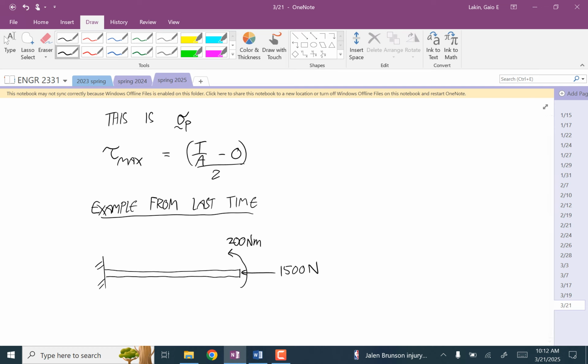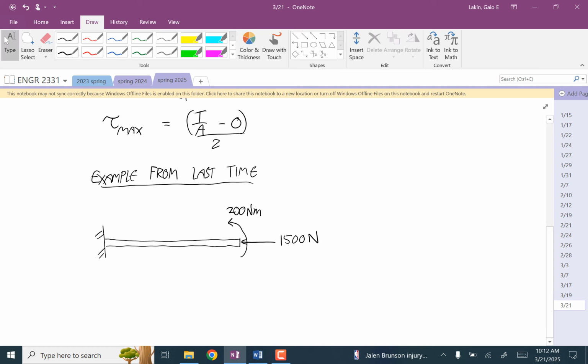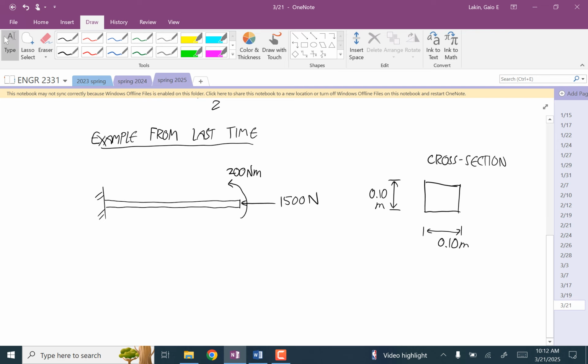I guess we're not totally done with this yet, but we were saying the cross section looked like this. And we calculated the internal loads, and these were piecewise constant, so I can't use this as an example. I mean, these were actually not piecewise; they were just constant the whole way.